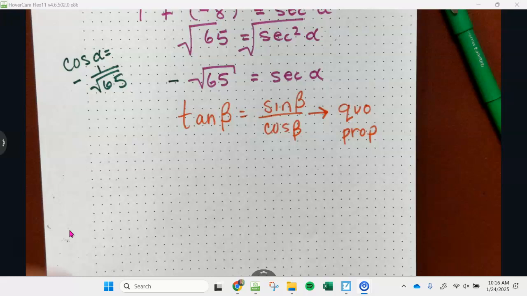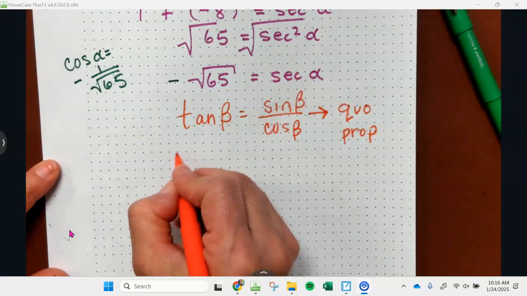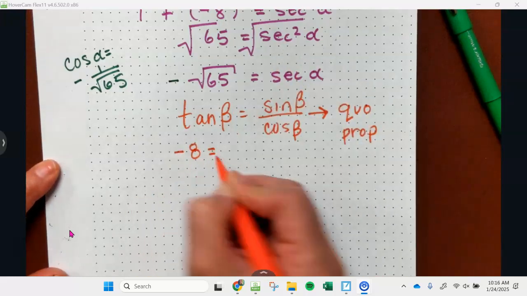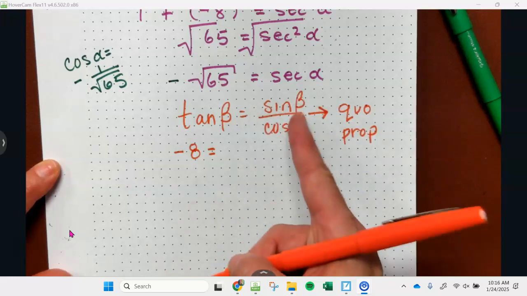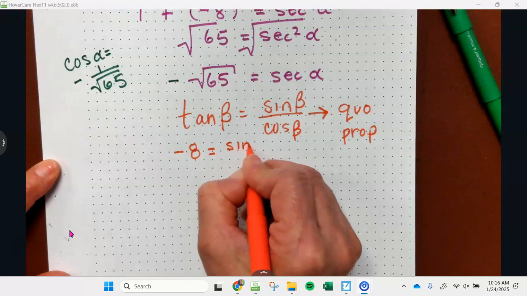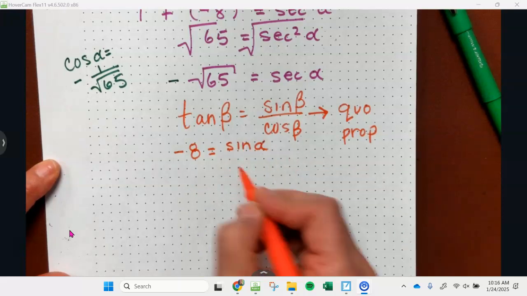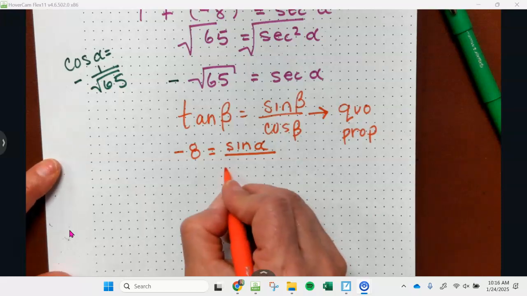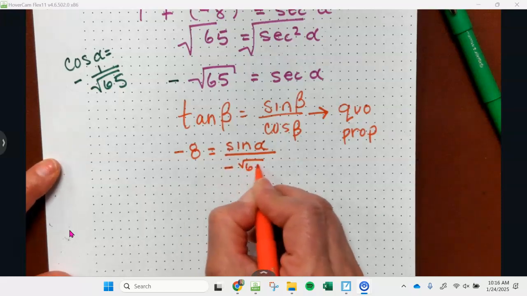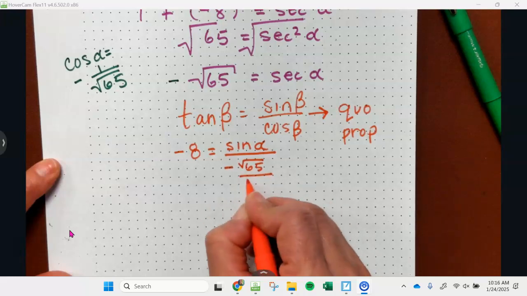All right, here we go. We know tangent's -8. We don't know sine. Oh, I'm sorry, I used the wrong letters, guys. We're on sine alpha, so I need to write the correct variable. I'm going to write alpha. But I do know what cosine is. Cosine is -√65 over 65.